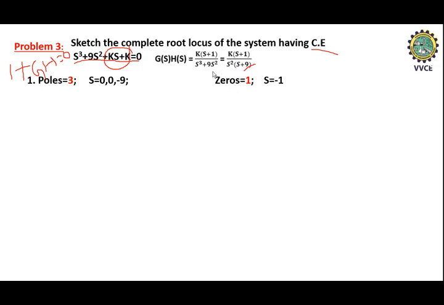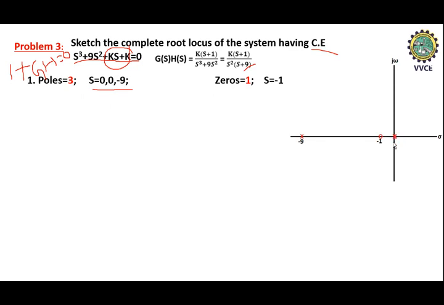The roots obtained from the denominator function are s equal to 0, s equal to 0, so there are 2 poles at the origin, and s equal to minus 9, there is another pole. So the total number of poles is 3, at 0, 0 and minus 9, and the total number of zeros is 1.